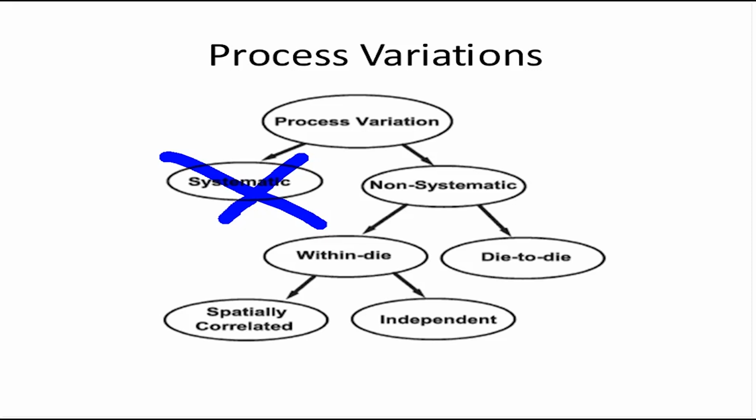But if we figure out that in a particular area, the PMOS devices that have high channel length also have more oxide thickness, then they might be spatially correlated. This is very important for SSTA. SSTA needs to know whether the parameters in question are independent or spatially correlated.